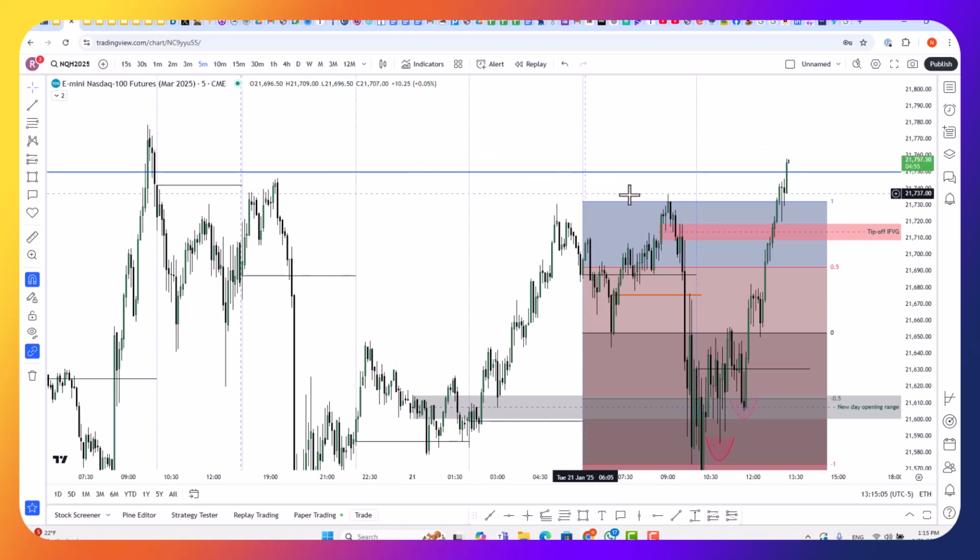So here is another pattern. Immediate rebalance of this wick. It shows that we're trying to get somewhere.